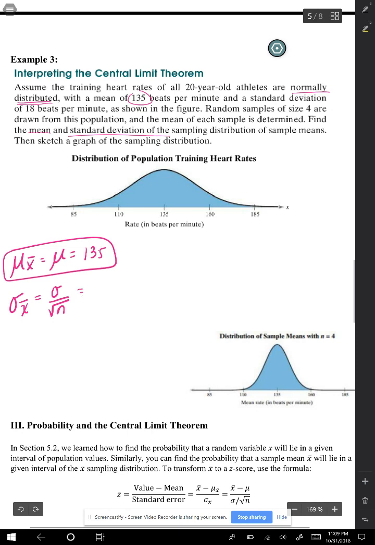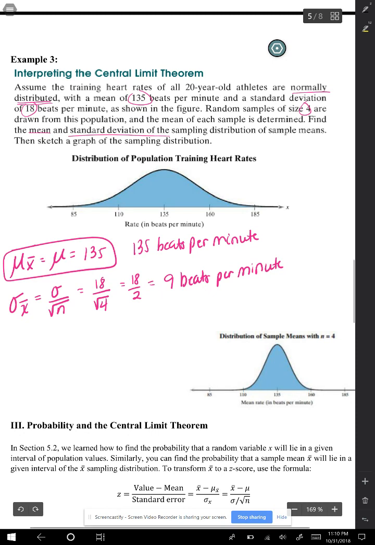So they told me the standard deviation of the population was 18, and we were doing samples of size 4, so divide by the square root of 4. So 18 divided by square root of 4, which is 2, equals 9. So the mean here was 135 beats per minute, just to put it back into the context of the problem. And the standard deviation of the sample means would be 9 beats per minute. And remember, that's also called the standard error.